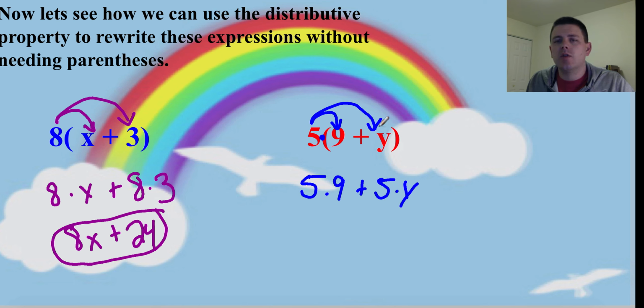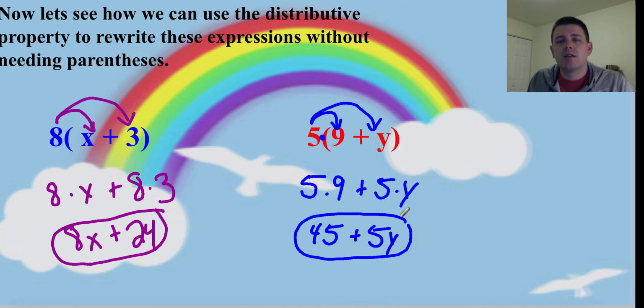That's why drawing in those rainbows helps. It reminds you that you need to do it for both numbers in the problem, or both terms inside the parentheses. 5 times 9 is 45. 5 times y is 5y. Again, one term has a variable, one doesn't, so we can't combine them together. So we just leave it as 45 plus 5y.